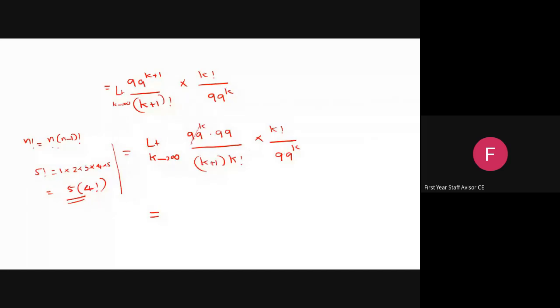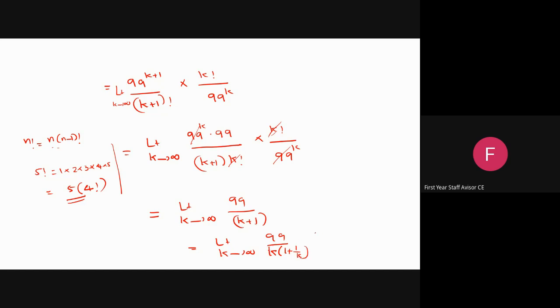99 raised to k cancelled here, and k factorial and k factorial cancelled here. That means limit k tends to infinity 99 by k plus 1. Then limit k tends to infinity, taking k outside, 99 by k into 1 plus 1 by k.